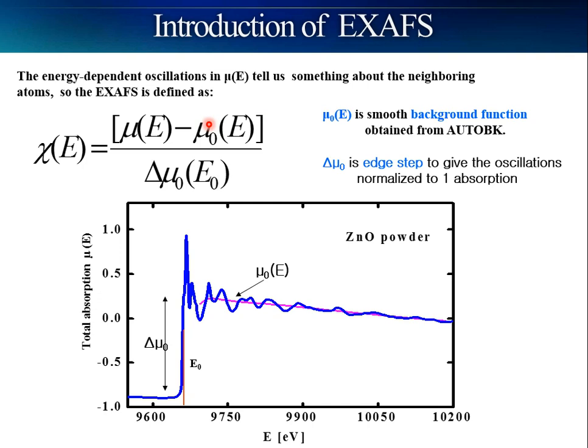Let me remind you of the formula. The EXAFS is the total absorption minus the background, divided by the edge step. Here is the background: a smooth background function obtained from the AUTOBK code included in the Athena program.